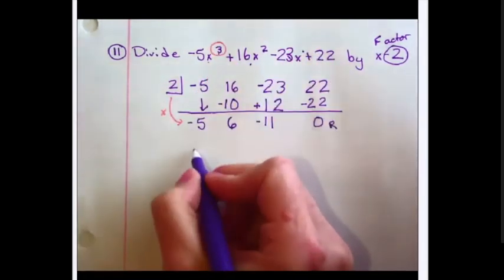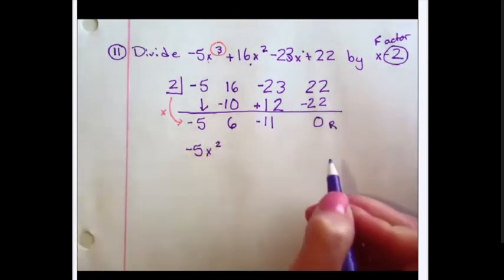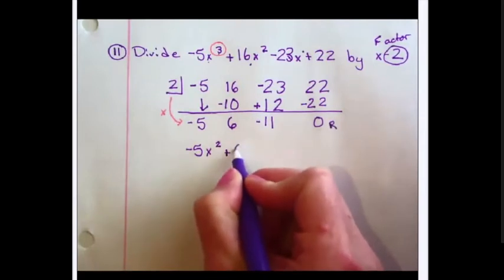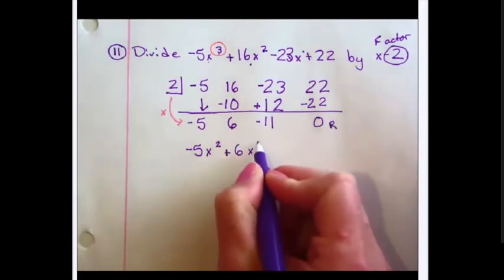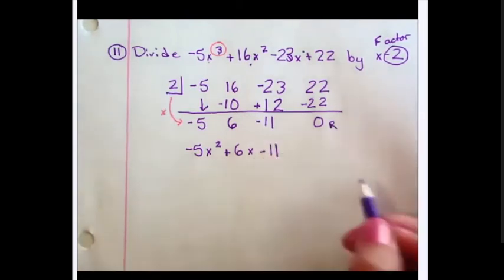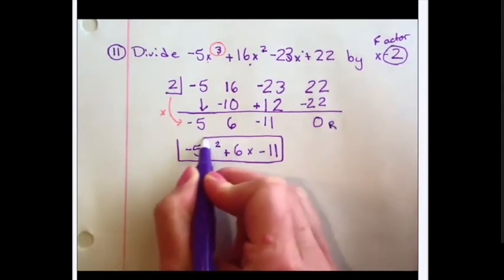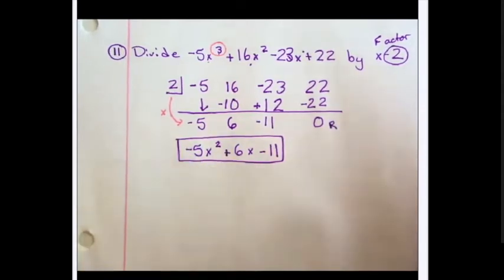So this is going to be -5x to the 2 plus 6x to the 1. You don't have to write it, or you can, minus 11 no x's. So on number 11, this is the answer you were going for. Okay. So there's one of them. Let's try 13 too.